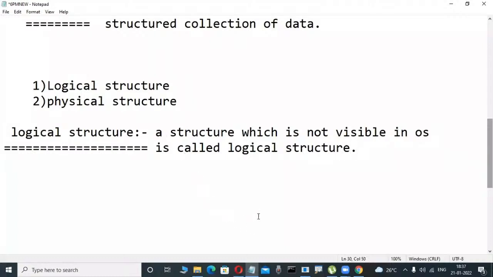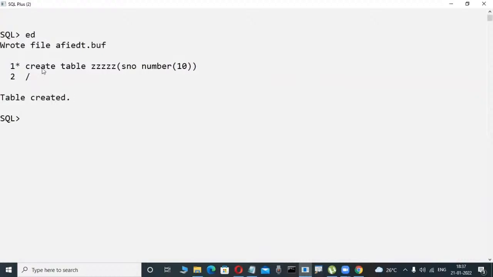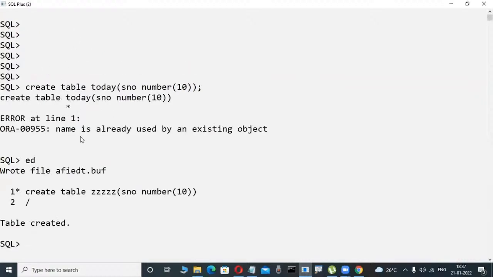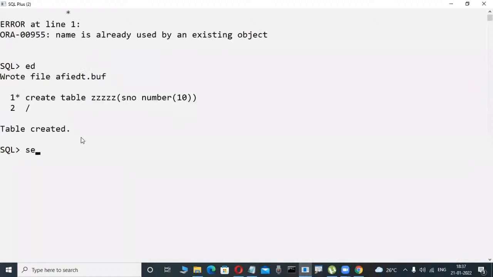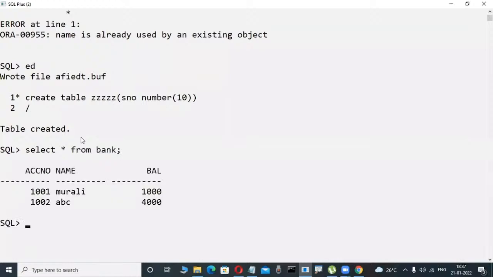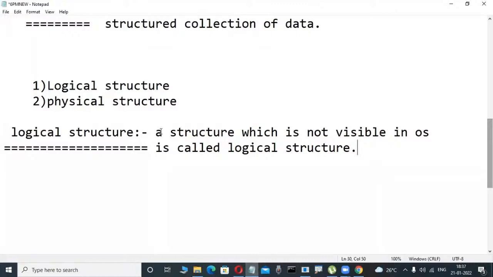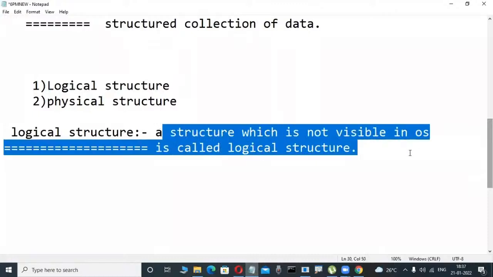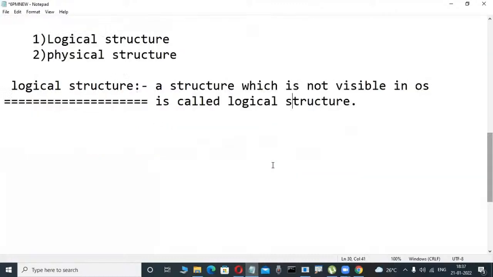That's why when you create a table, we are unable to view it in the C drive, D drive like that. But where is it visible? Yes, in the database. In this database only, it is visible. Those tables are visible in the database, but not in your C drive, D drive. That's why a structure which is not visible in the operating system is called a logical structure.